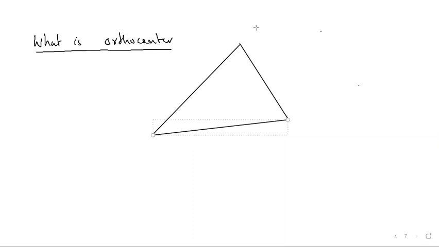So it is the meeting point of the altitudes. Did you follow this? How do you draw an altitude? From vertex A, draw a perpendicular to BC, so you'll get the altitude. Another altitude I can draw something like this. And the third altitude from point C.